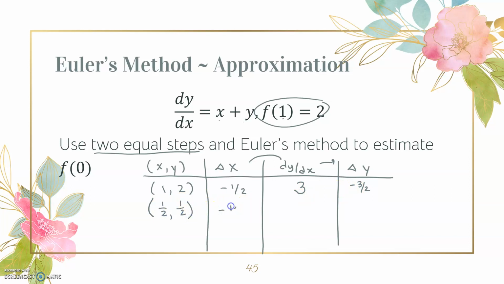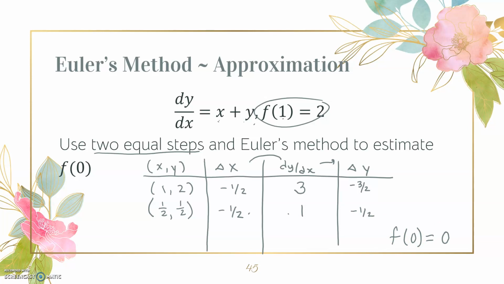Delta x is still negative 1/2. dy/dx, if we add x plus y together, is 1. So delta y is negative 1/2. We multiply delta x times dy/dx. And so then if we take one more step, we'd be at x equals 0, and our y-coordinate would also be 0. So that's Euler's method.